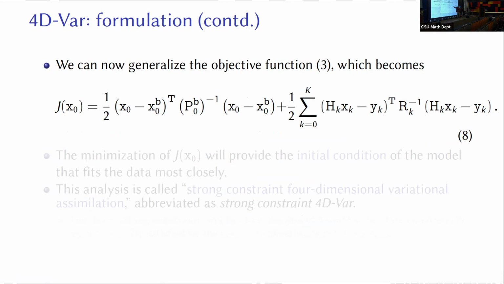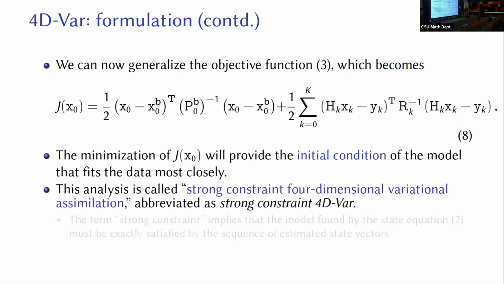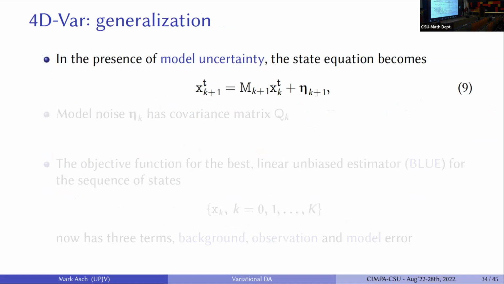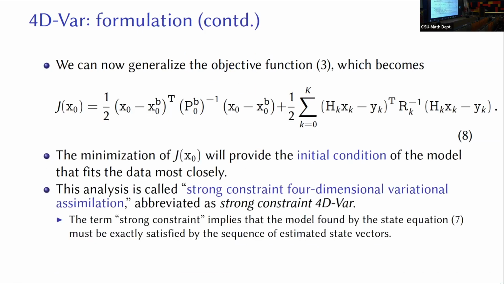And there we have the initial P0. We use P for the covariance matrix of the background errors, okay? And then the minimization provides the initial condition that we're looking for. As I said, we're looking for the initial condition. And this analysis is known as strong constraint 4D VAR. Okay, there are many variants of this. I won't go into them.